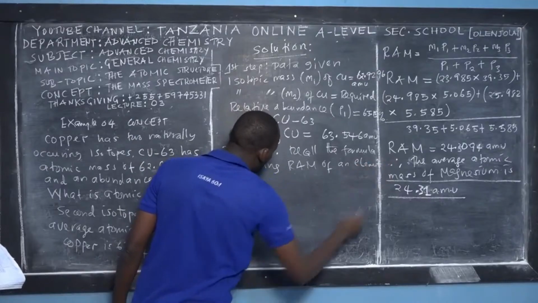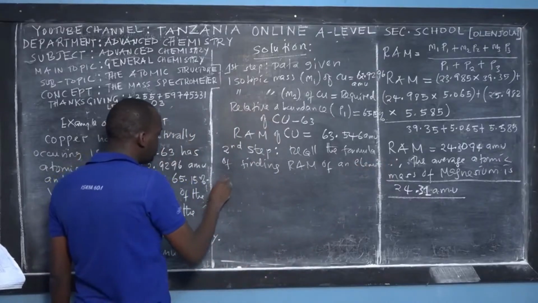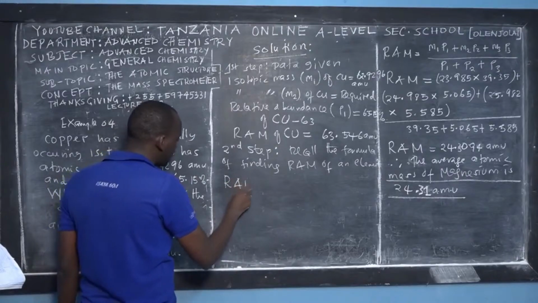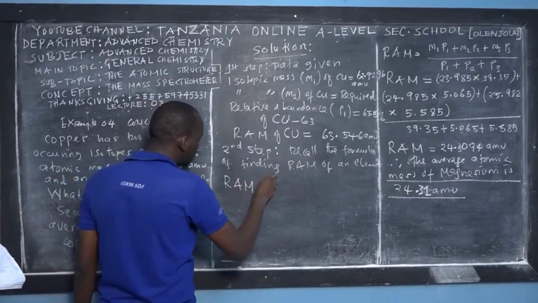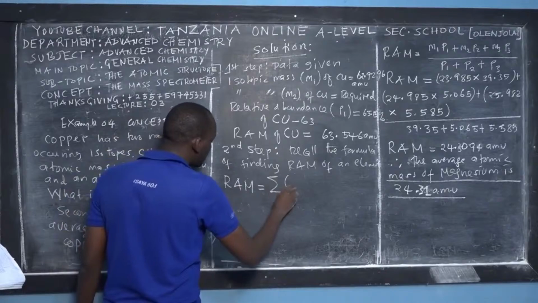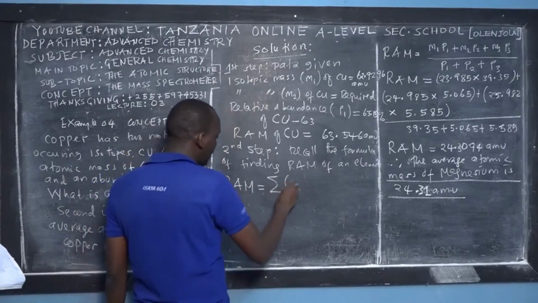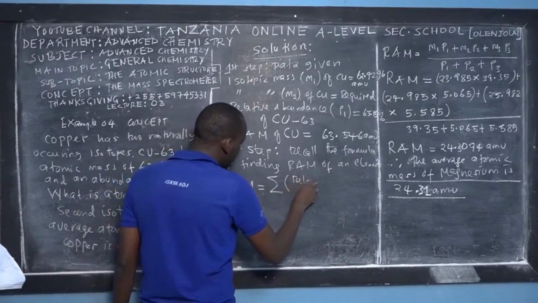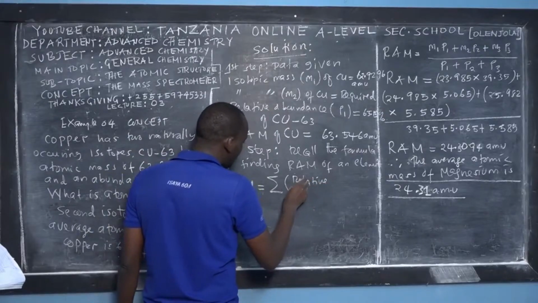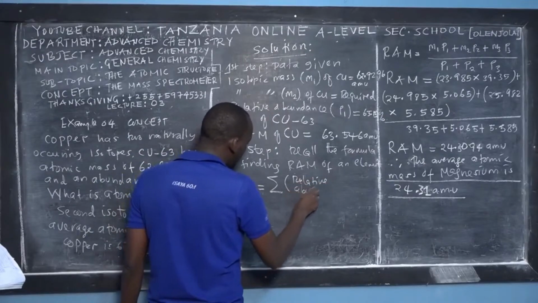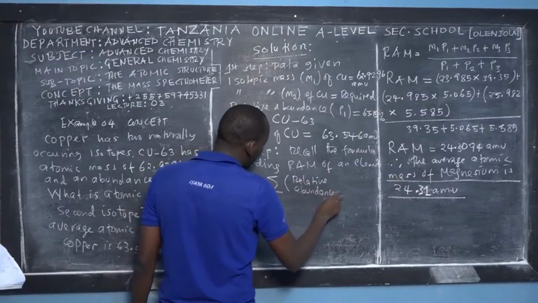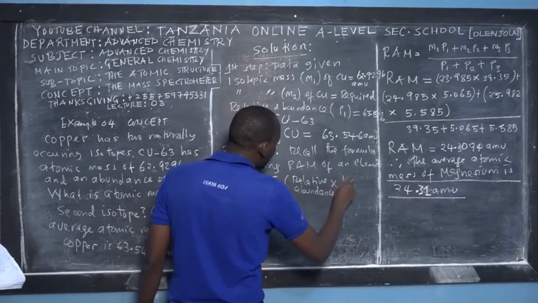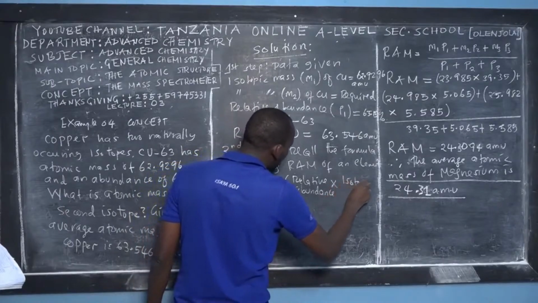The element there is copper. Recall what I told you: relative atomic mass is equal to the summation, for this case, case 2, of relative abundance times isotopic mass. We'll be repeating these formulas several times.